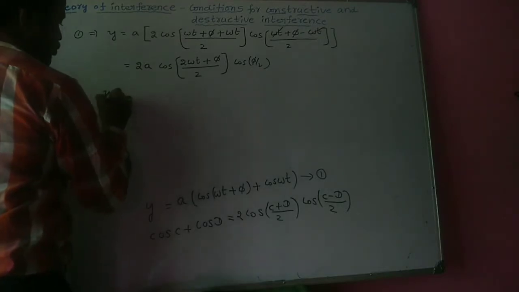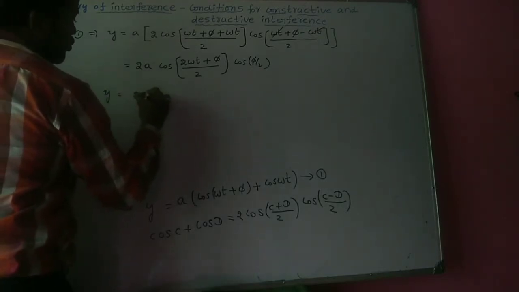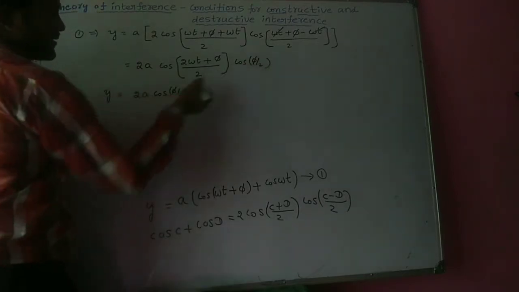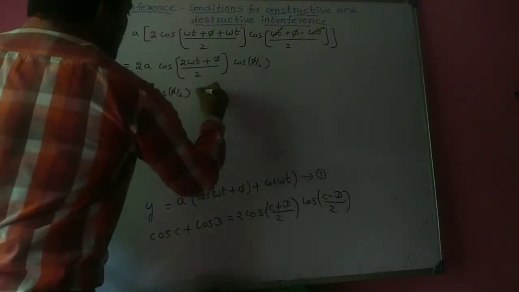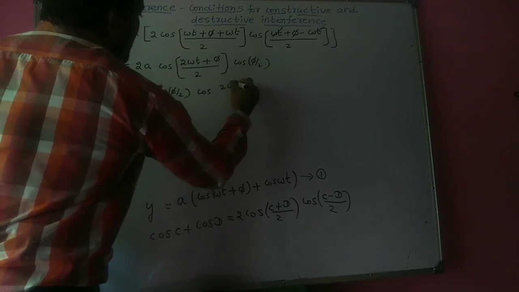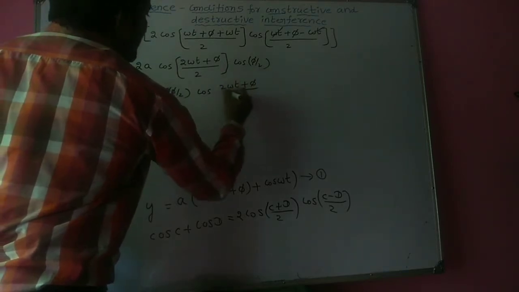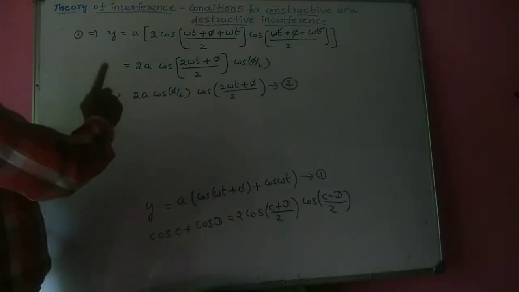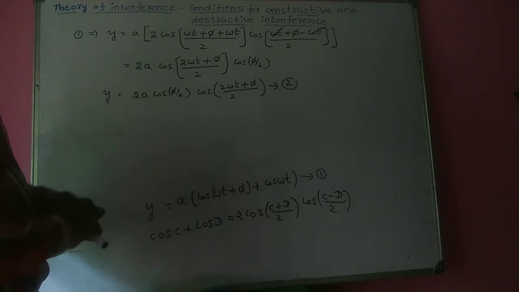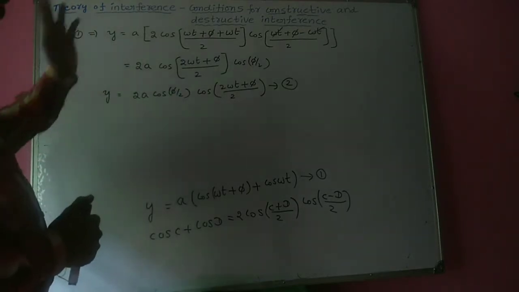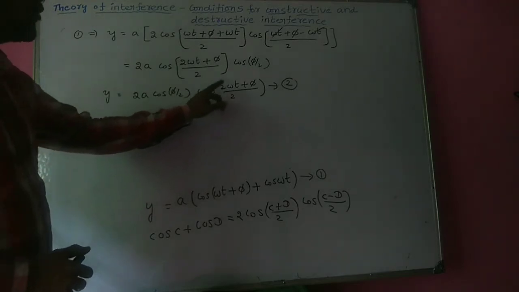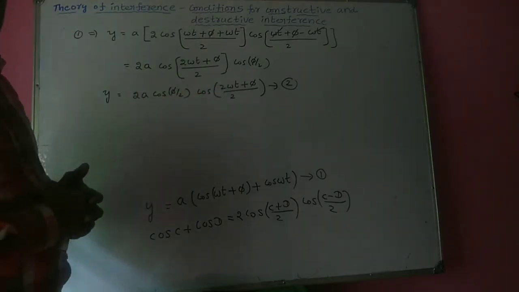This can be written as y is equal to 2a cos (phi by 2) into cos of (2 omega t plus phi) by 2. Let it be equation number 2. Now this is the resultant displacement of the particles of the medium due to the superposition of the two light waves.